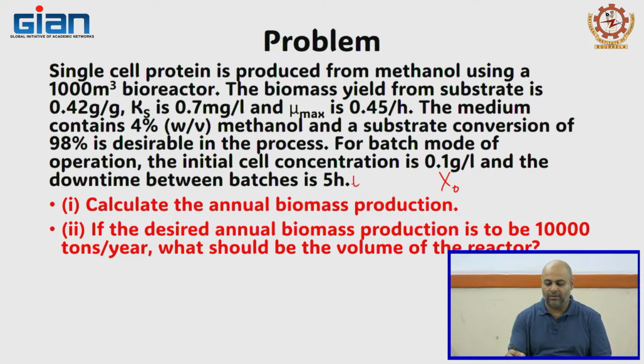Your T D is given. You need to calculate the annual biomass production. You also need to calculate, if the desired annual biomass production is to be 10,000 tons per year, what should be the volume of the reactor.